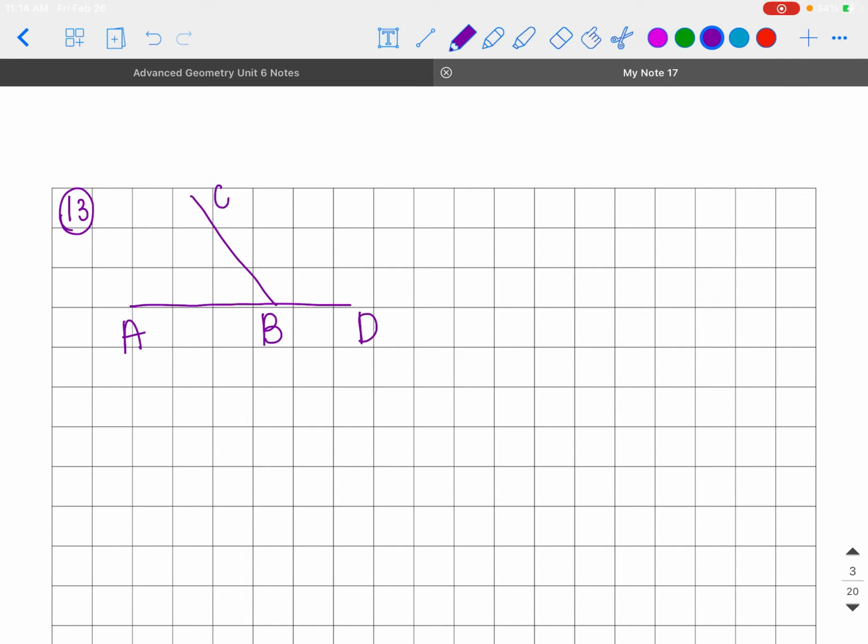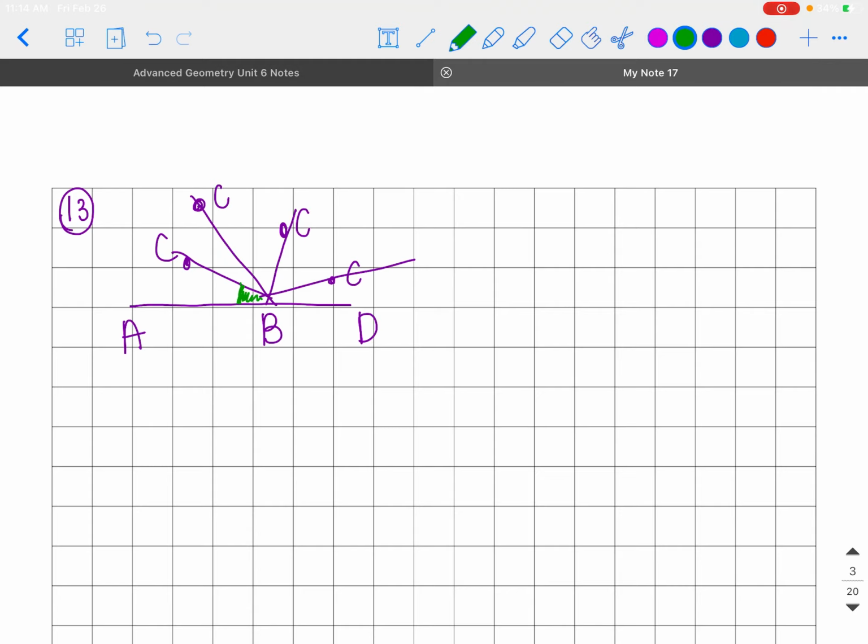So C could be anywhere, like up here. It could be here, could be here. Any of those are possible places for C. So the measure of ABC is more than 90. Well, it could be, but it could also not be. There's an example where it would not be.